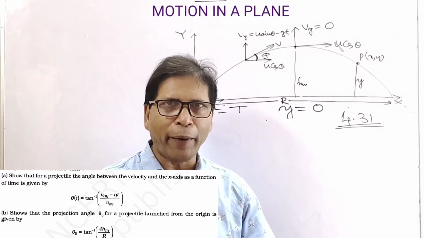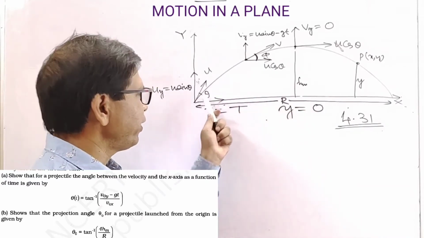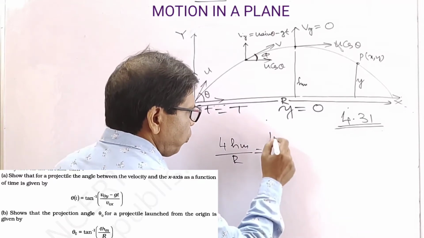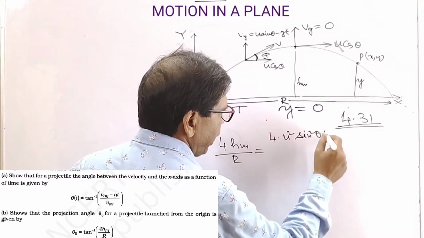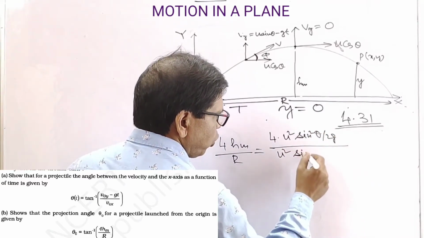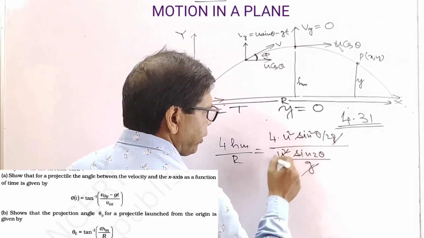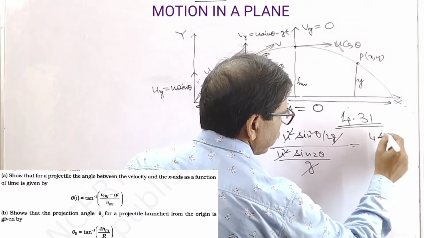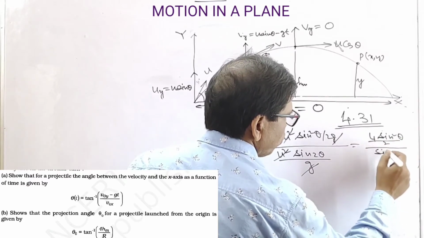Now we have to derive the relation between Hm, R and theta. Look at 4Hm by R. This is 4 into u square sin square theta divided by 2g, and this is u square sin 2 theta divided by g. Now this cancels, this cancels. So it becomes 4 sin square theta by 2 divided by sin 2 theta.